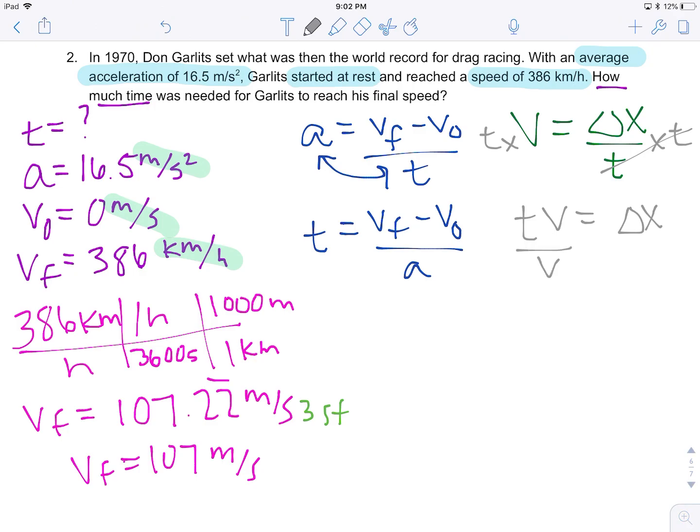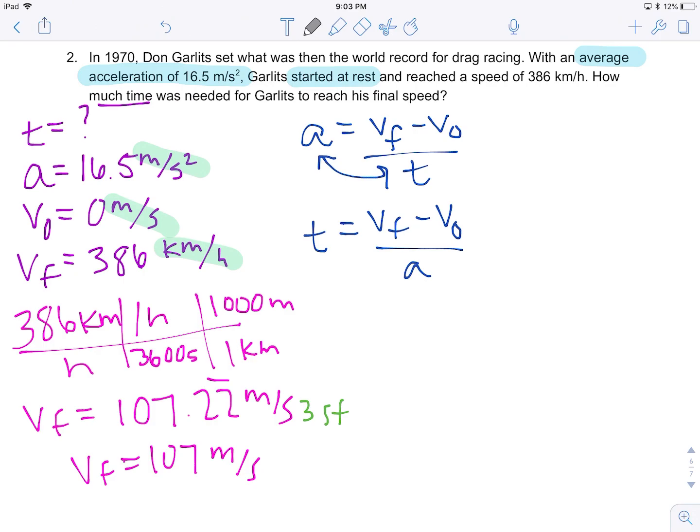I'm still wanting to get time by itself, so I'll divide both sides by velocity. And you'll notice this equation is the exact same as our original equation, but these two are flipped. This is a little shortcut you can use if you're trying to solve for something that's in the denominator and you just want a quick way to rearrange the equation.